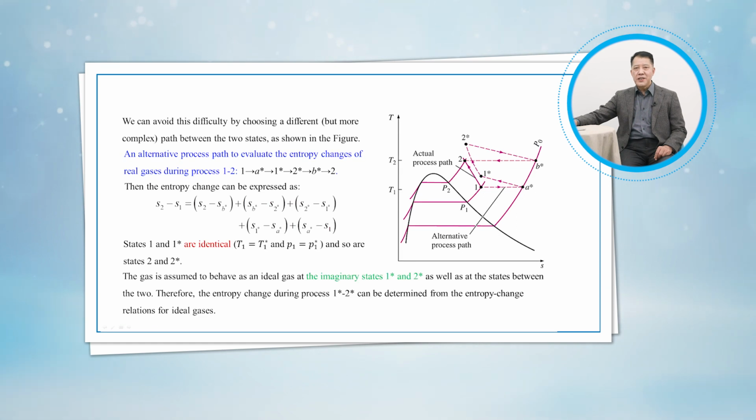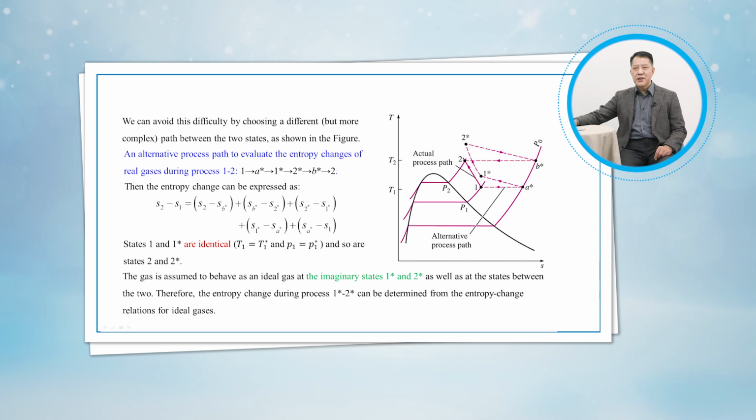Then the entropy change can be expressed as shown. States 1 and 1* are identical, and so are states 2 and 2*. The gas is assumed to behave as an ideal gas at the imaginary states 1* and 2*, as well as at the states between the two.